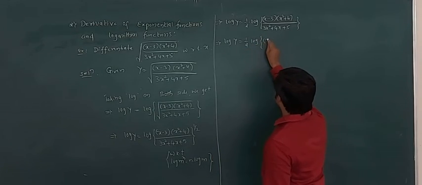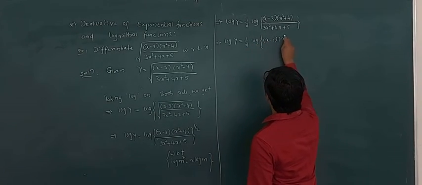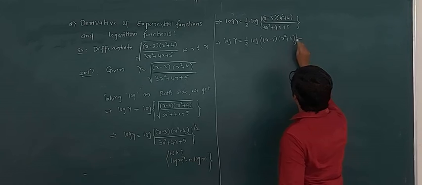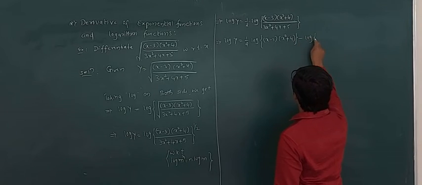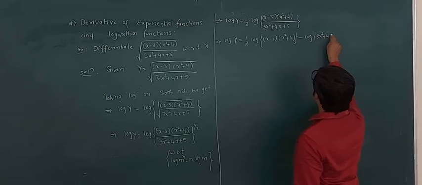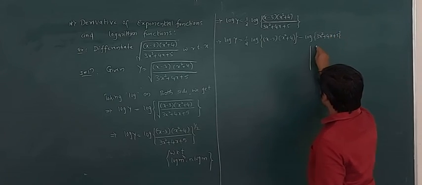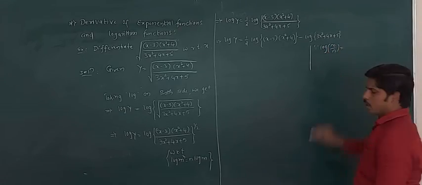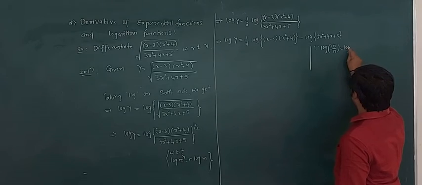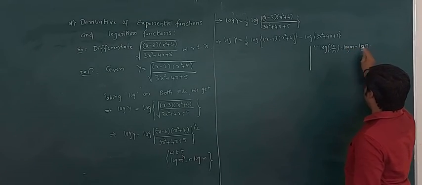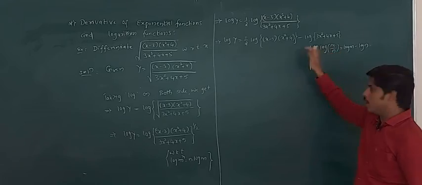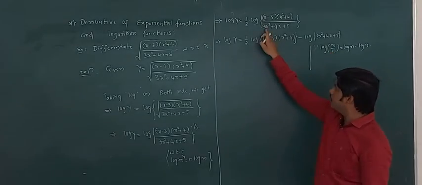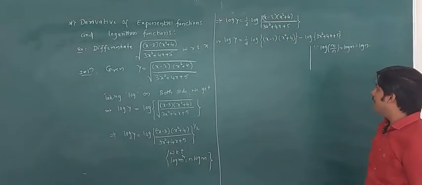This can also be written as log of (x minus 3)(x square plus 4) minus log of (3x square plus 4x plus 5), because we know log m by n, second property, log m by n is equal to log m minus log n. By comparing these two, in place of m we have the numerator part (x minus 3)(x square plus 4), and the denominator part is n, that is 3x square plus 4x plus 5.